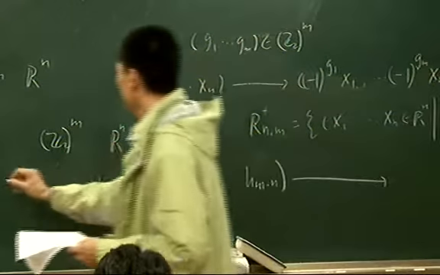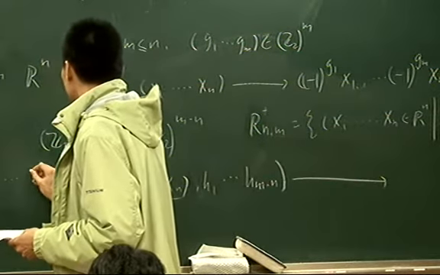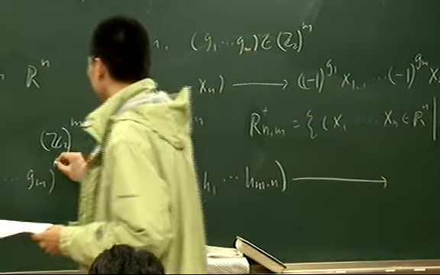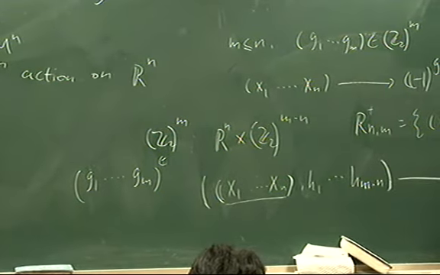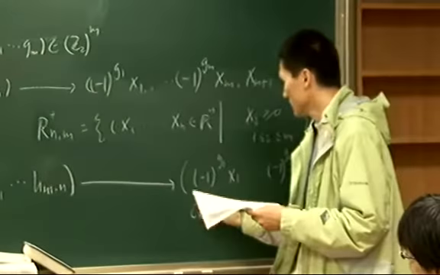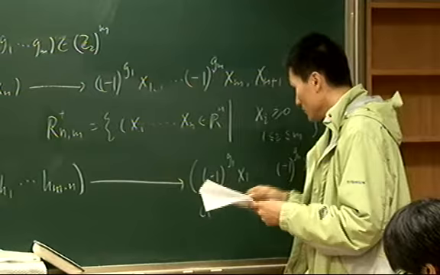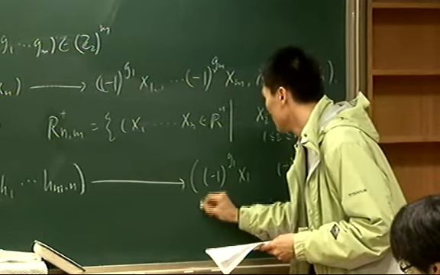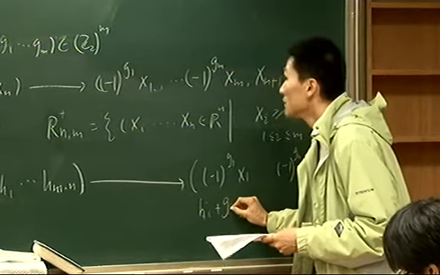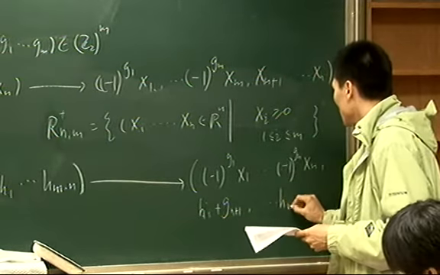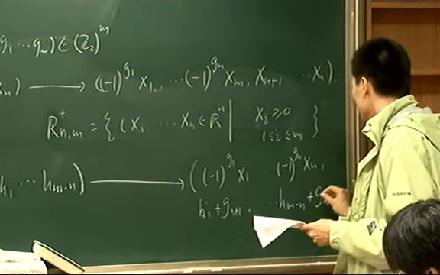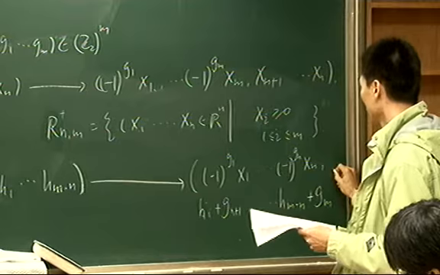So for any element like g1 through gm here, g1 through gn times x, and then c1 plus h1 plus g m plus 1, h m minus n plus g Tm. Okay.